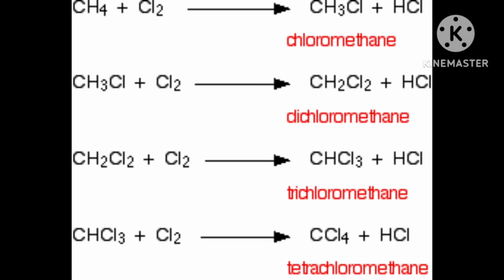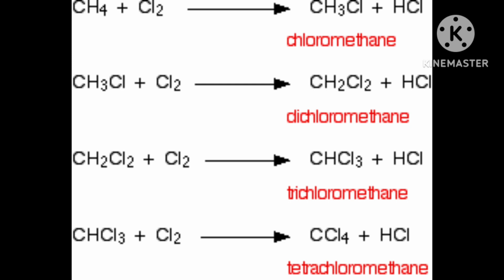This question is asked: with which will the alkane react fastest? Fluorine is on top, after that chlorine, third is bromine, last is iodine.